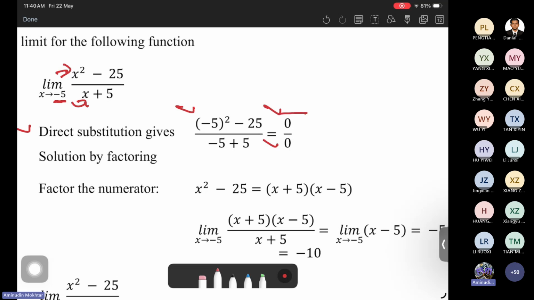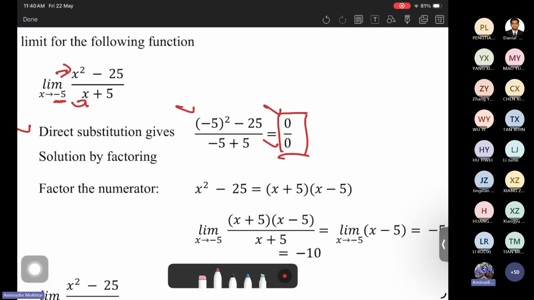Now we get this form. Okay, there's a special case. Of course, this is not the answer. In this case, this 0 divided by 0 indicates that we need to solve the limit by factoring the equation.